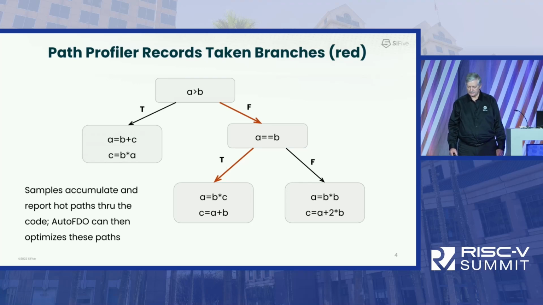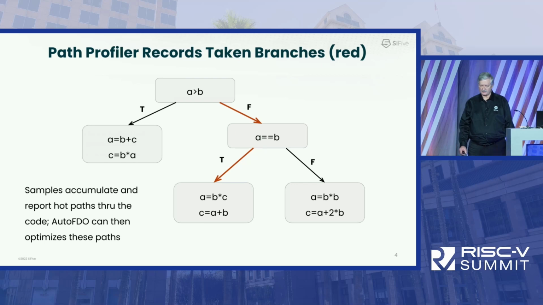This is an illustration of an if-then-else-if set of code where it's making a conditional branch based on a test, and if the branch is taken, then it is captured in the trace, so the red arrows show a path through the code. These are accumulated with the trace buffer, and then software processes that data.